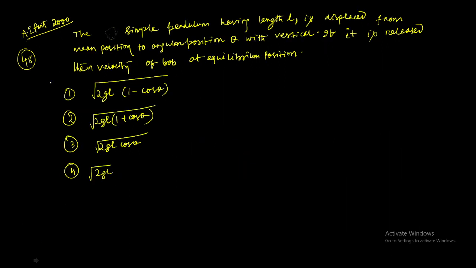So this is the last question, 48 number question. The simple pendulum having length L is displaced from mean position to angular position theta with vertical. If it is released, then what is the velocity of the bob at equilibrium position? So basically this is the condition they have given.